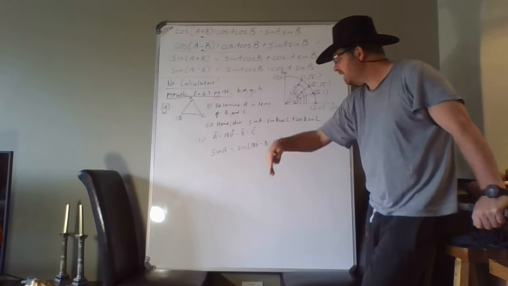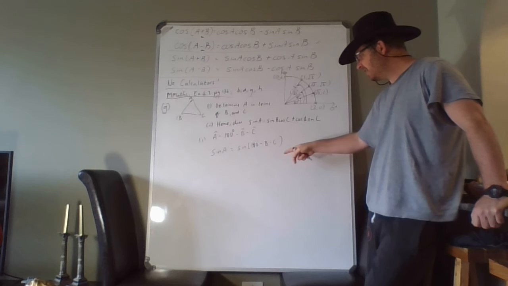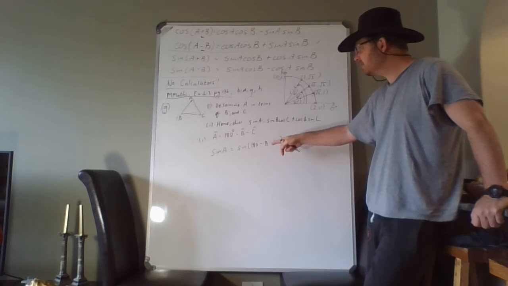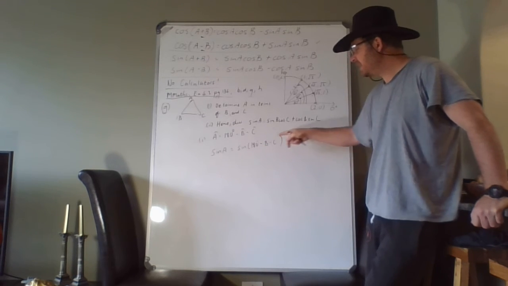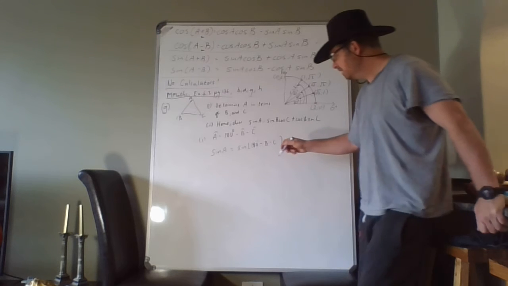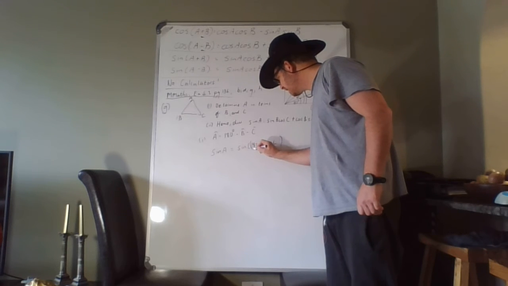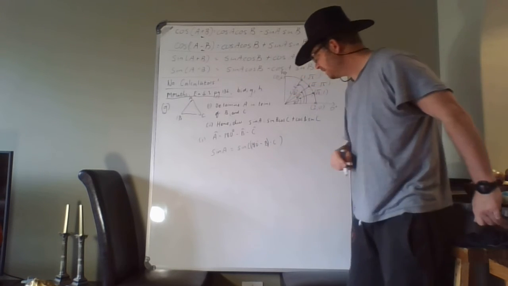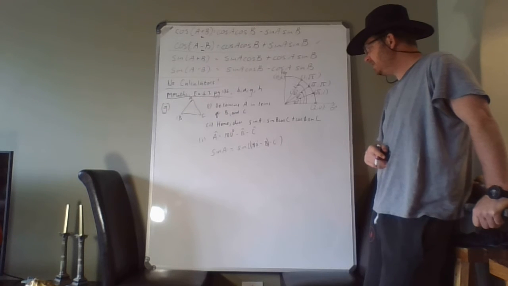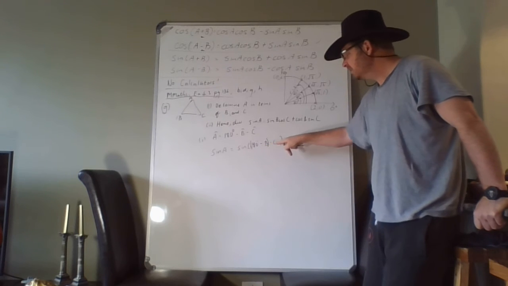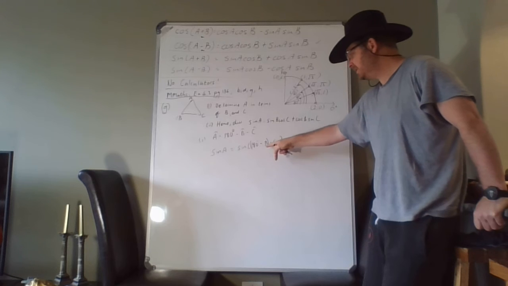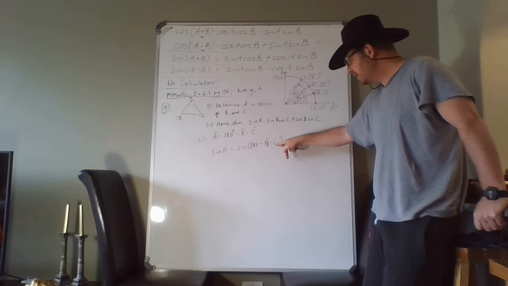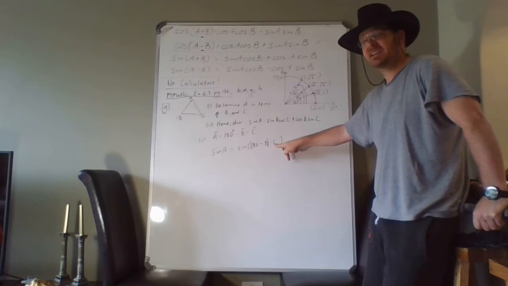So I'm going to have to pair them up like this. Your compound angle formula deals with sine of one angle plus or minus another angle. So let's consider our first angle as 180 minus B. Because if B was 20, that would be 160. And we'll consider C as our second angle.